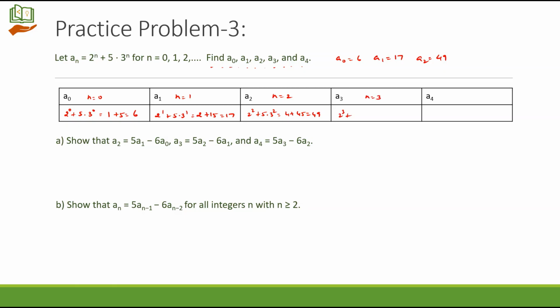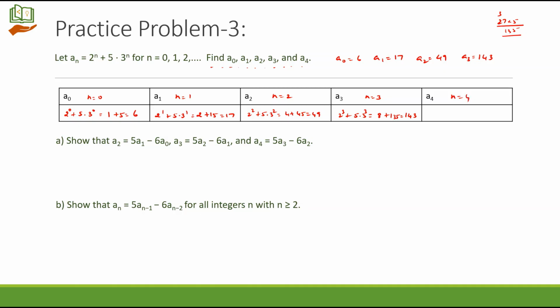What about A3? 2 power 3 plus 5 into 3 power 3. This will be 8 plus 3 power 3 is 27, 27 into 5. This will be 135. Overall this will give 143. So A3 will be 143.